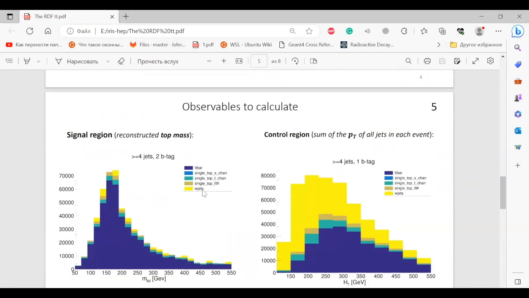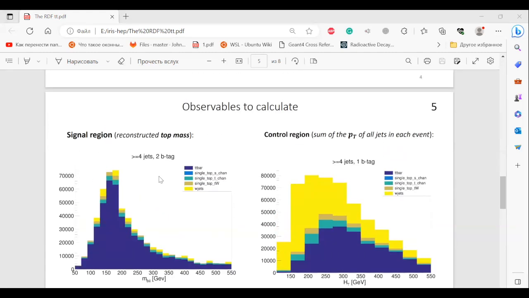Here is an example of produced histograms. There are 2 regions with different selection criteria. The first one, the signal region, aims to plot the reconstructed top mass, and it uses the selection criteria explained above with 2 b-tagged jets.